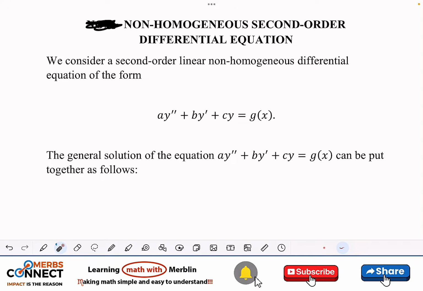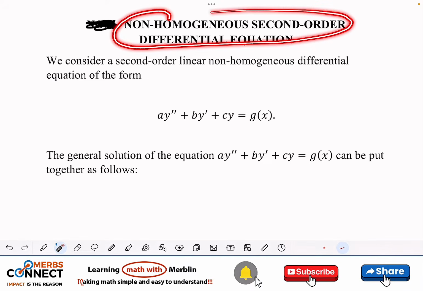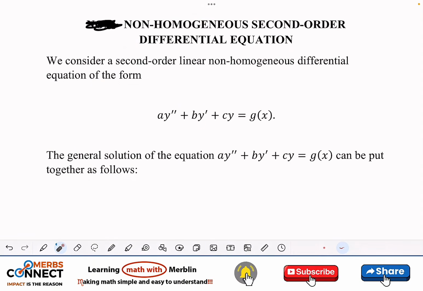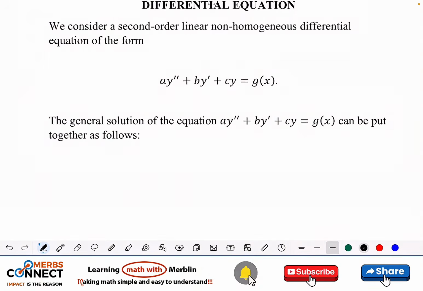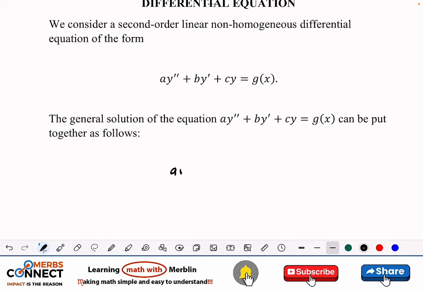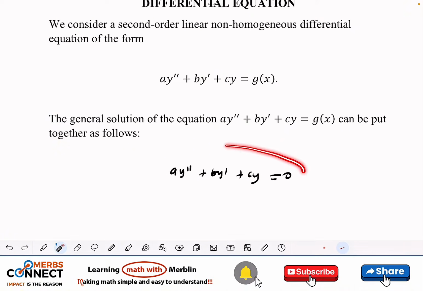In this video, we are going to talk about non-homogeneous second order differential equations. In the last 4 videos, we spent time talking about homogeneous second order differential equations. That is key to help us learn non-homogeneous ones, because the homogeneous differential equation is when we let ay'' + by' + cy = 0.